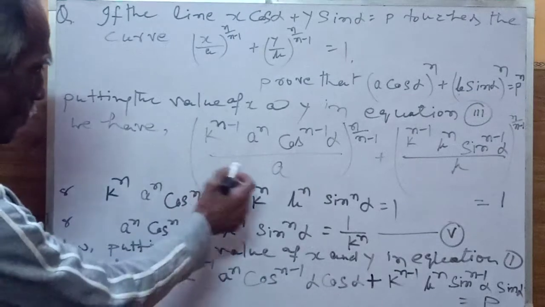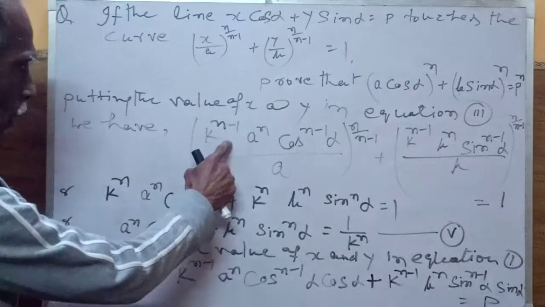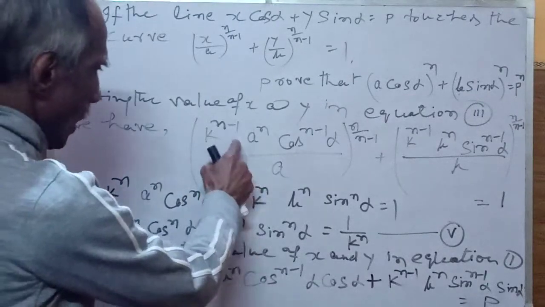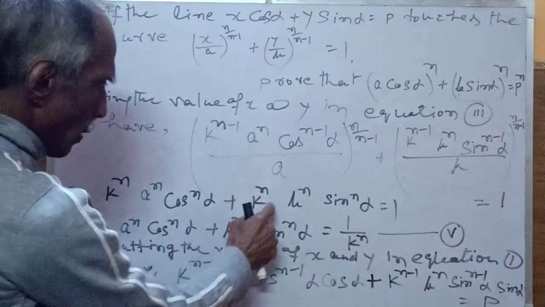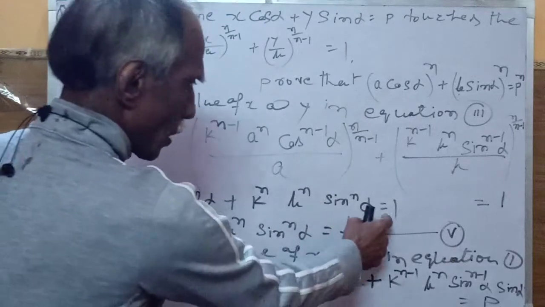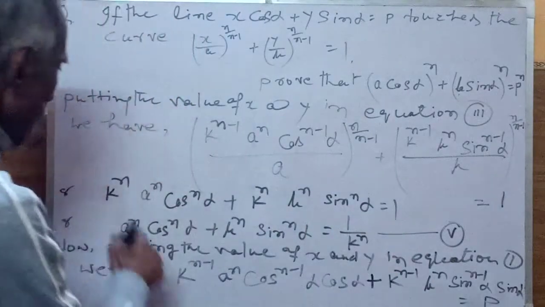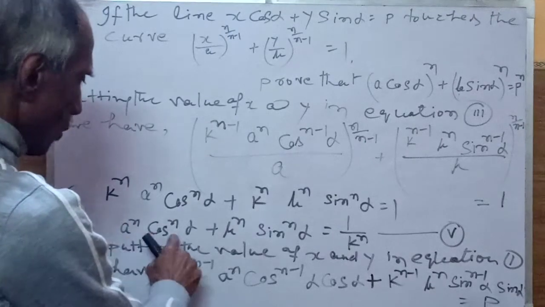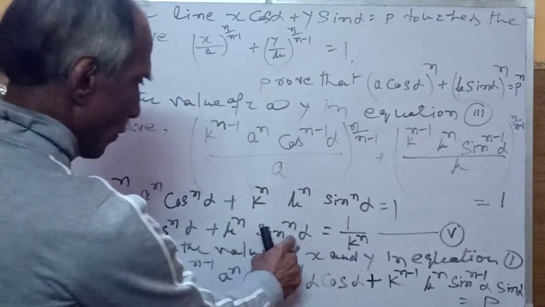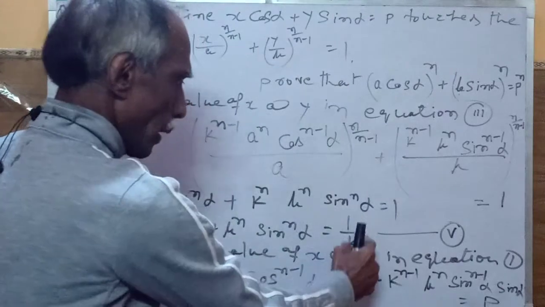Now calculate this. After calculating, you will get k^n a^n cos^n alpha plus k^n b^n sin^n alpha is equal to 1. Take k^n common, then it will be a^n cos^n alpha plus b^n sin^n alpha is equal to 1 by k^n.